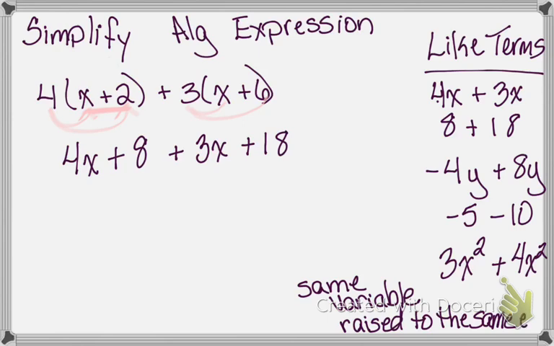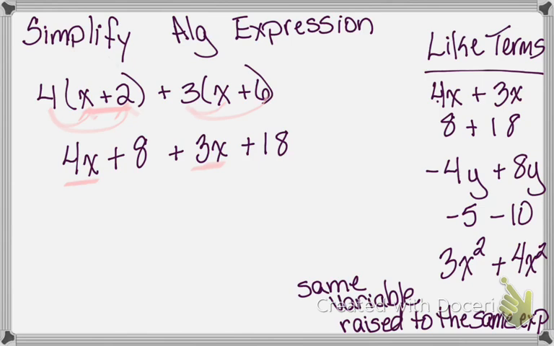Same variable raised to the same exponent. So 3x squared plus 4x squared are like terms because x is raised to the second power on both of them. Going back to our problem here, we have 4x and 3x.